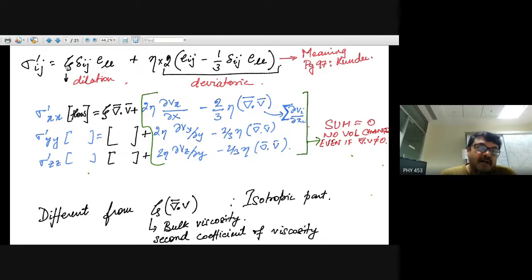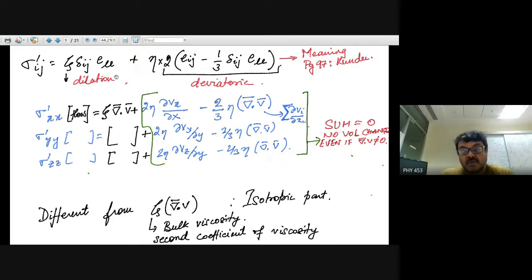Now, this part typically for most fluid flows contributes very little to sigma dash ij. In rare cases, when there are shock waves, this term starts contributing, and for this to start contributing, this is related to divergence of v, which is related to, again, del rho del t, right?